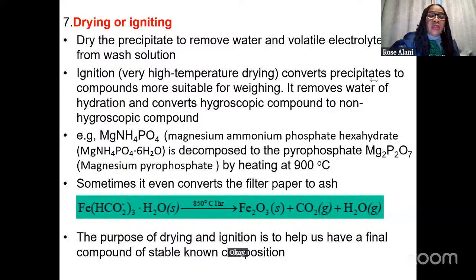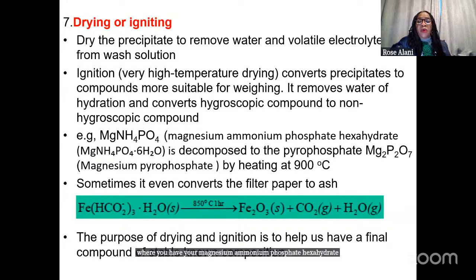So we have an example where you have your magnesium ammonium phosphate hexahydrate decomposed to magnesium pyrophosphate by heating at 900 degrees centigrade.